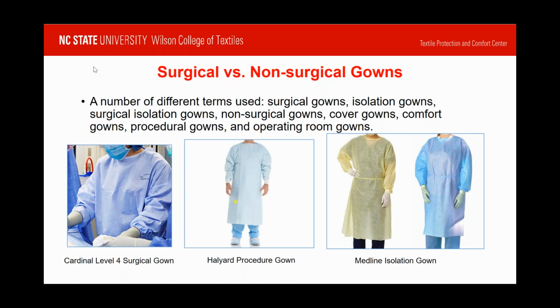And therefore, there is another need for a type of gown for those workers that has other levels of protection, particularly though, again, as I said earlier, we're looking primarily at liquid and waterborne pathogens, whether they be bacteria or fungi or viruses, and to not be able to penetrate through those protective isolation gowns. So that's why there are a number of different types of gowns, and that's why they have different names.